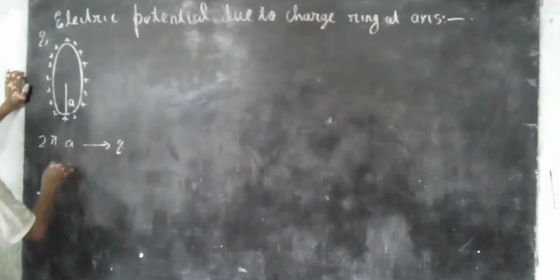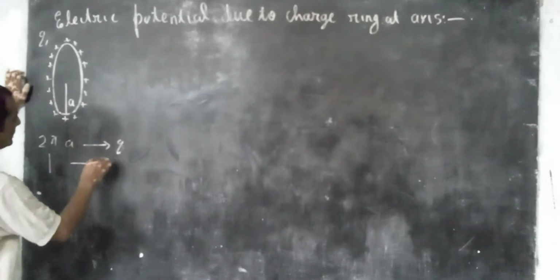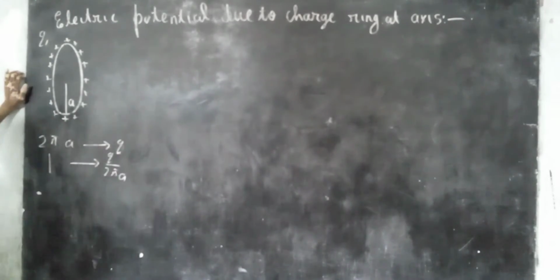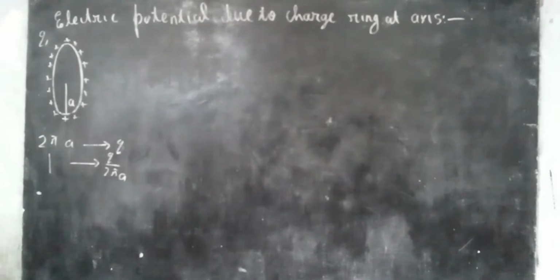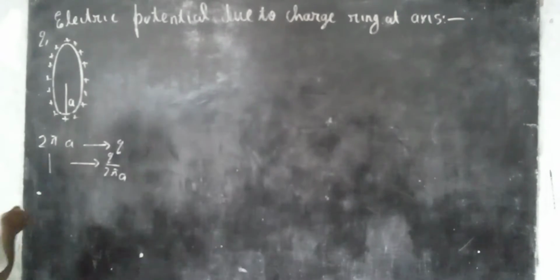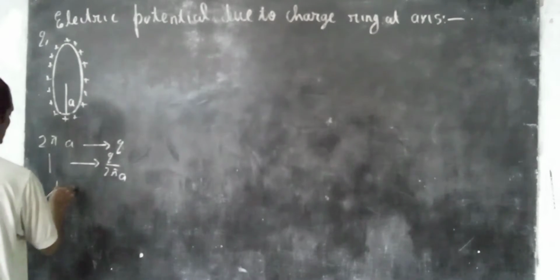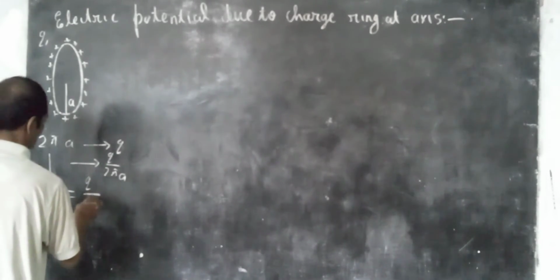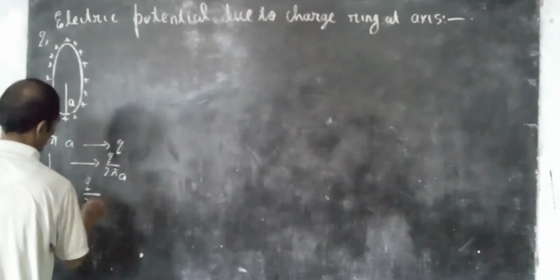So charge over unit length is q upon 2 pi a. Charge over unit length is known as linear charge density. Linear charge density is denoted by lambda. The lambda is equal to q upon 2 pi a.